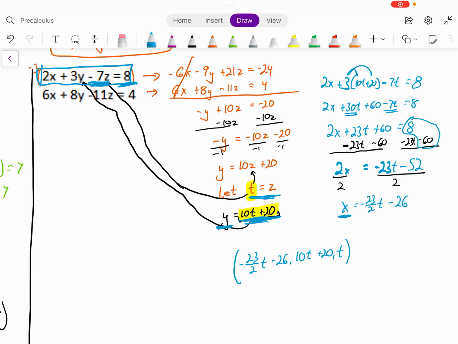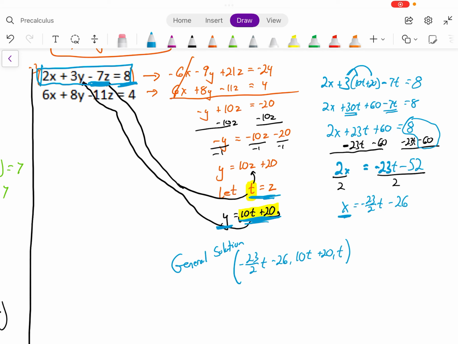Now, what this means is I can pick any real number for t. I can pick 0, 1, pi, negative 60, whatever I want for t, and that will give me a specific solution. That's a general solution, and there are actually a few general solutions, which I'll explain in a minute.